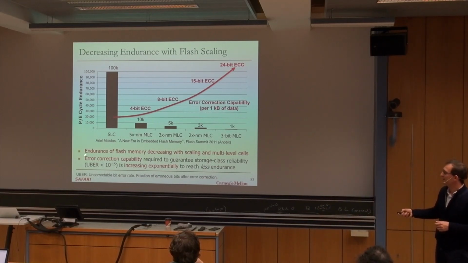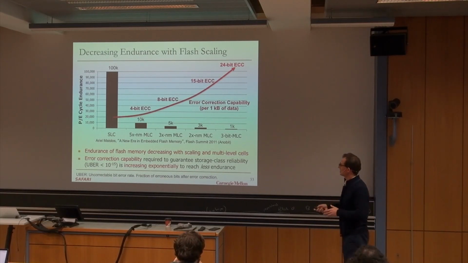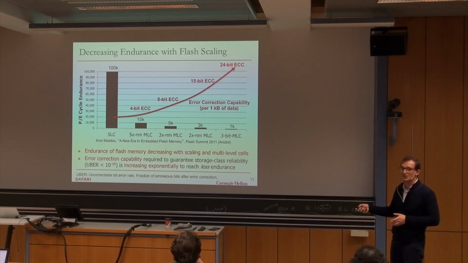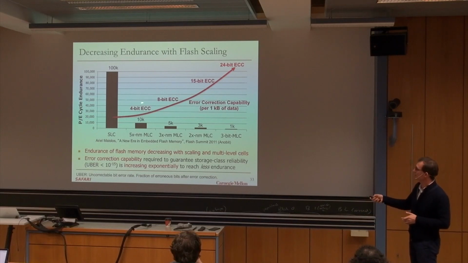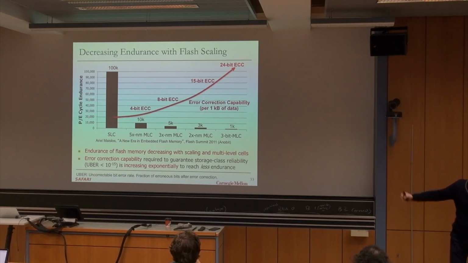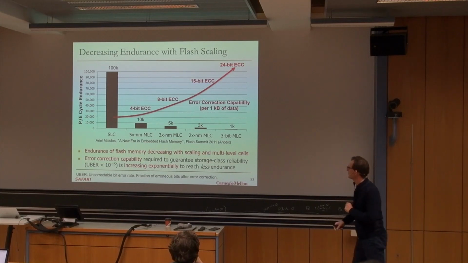The bit error rate is a little bit different from endurance. Bit error rate is how many bits are erroneous. 10 to the minus 15 is something that you would like to achieve. If you would like to achieve that, you want a lot of ECC. Here the error correction capability is 4 bits per 1 kilobyte of data. Here you need 24 bits per 1 kilobyte of data. In Flash, error correction is done in large blocks. We're not going to go into that in detail. Some of the papers talk about that.